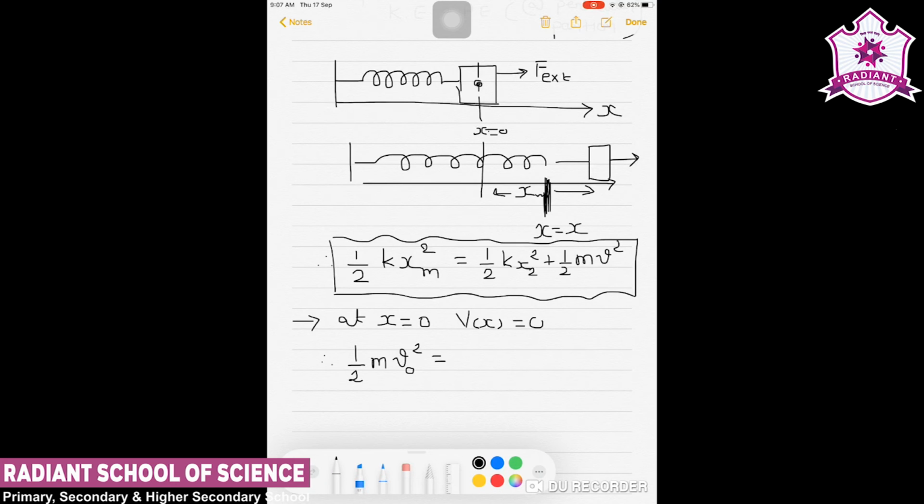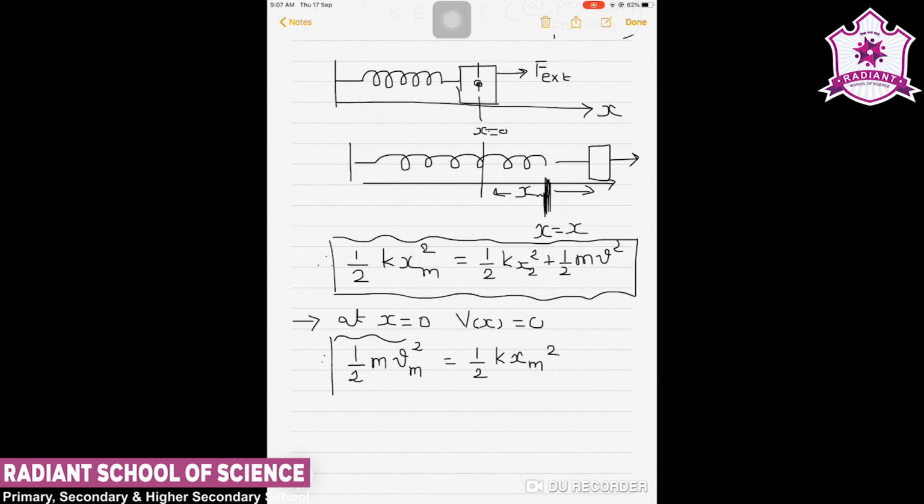So we say the kinetic energy will be at Vm, that is V maximum, when the spring passes through x equals 0, and that will be equal to 1/2 k xm².